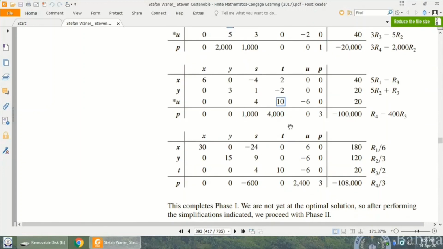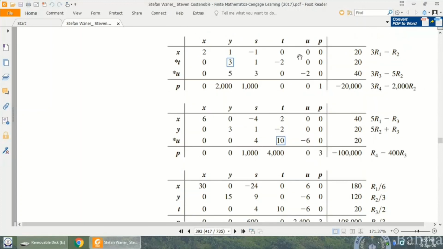Then, if you can see, how did we get this value? So now, minus 20,000, this was basically 3 into R4, which is 60,000 minus, again, 2,000 into R2. This was 60 minus 40,000, and this was minus 100,000.